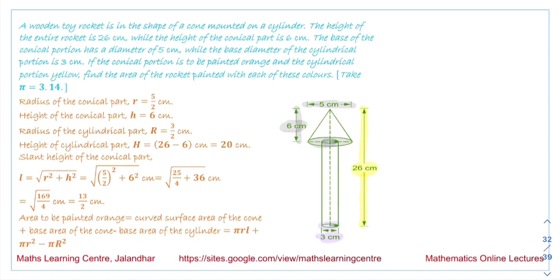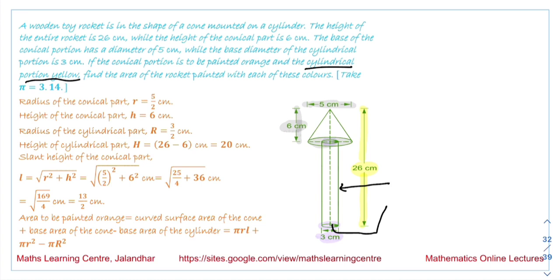So if we calculate the area painted yellow, it means yellow is to be painted on these walls and on this circular region.